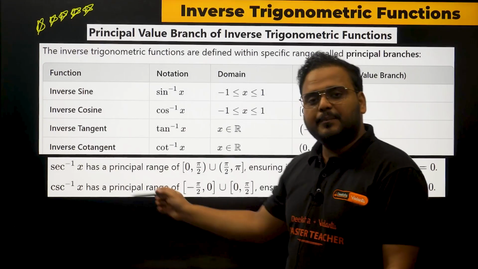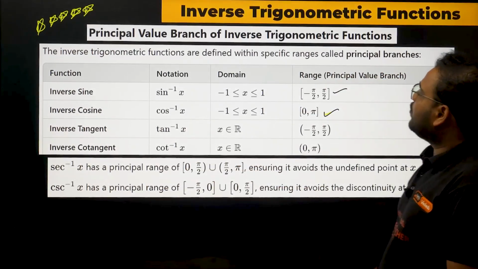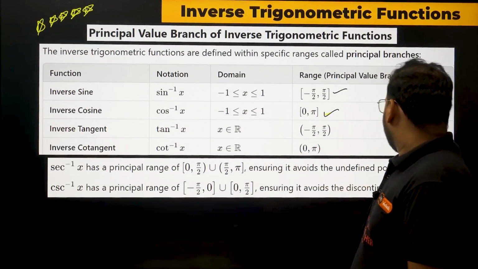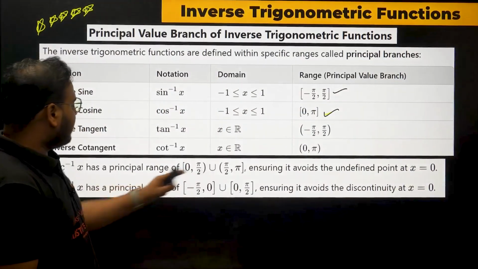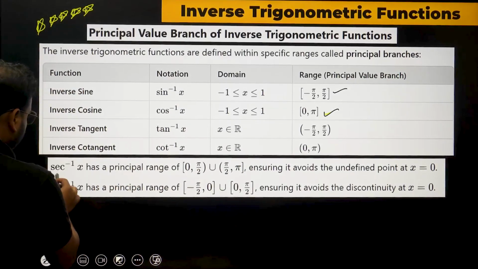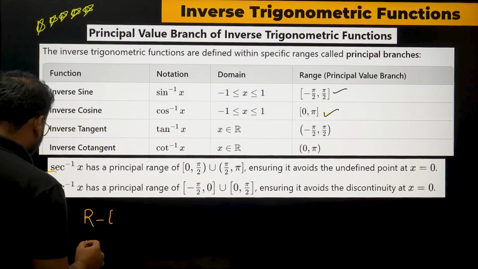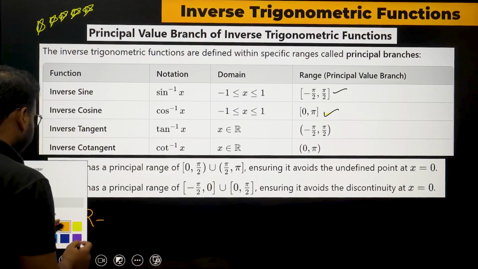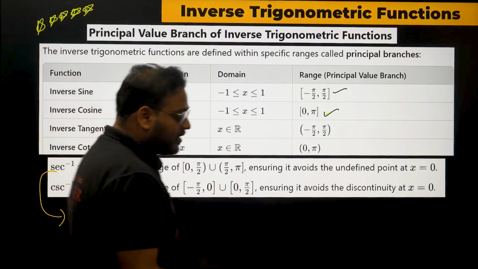And for sec inverse, in the domain you have to remove -1 and 1. So it's going to be all real except -1 to 1, with open brackets.